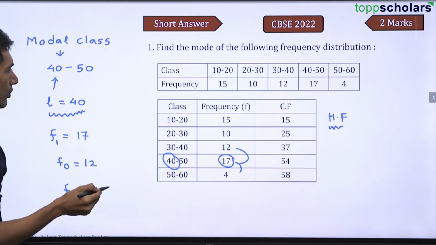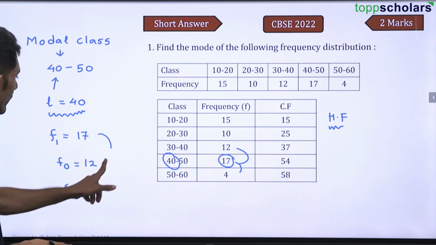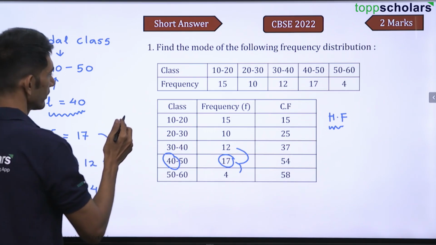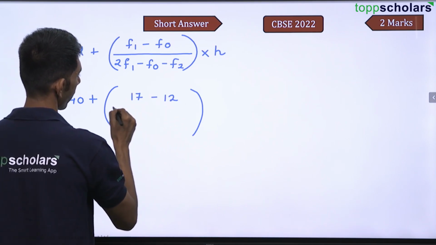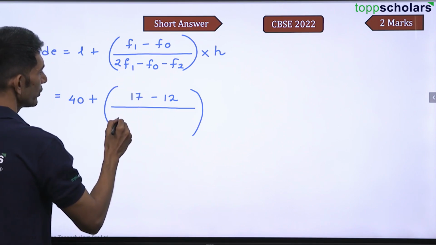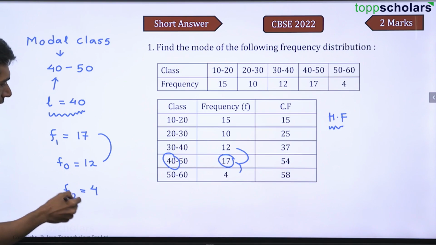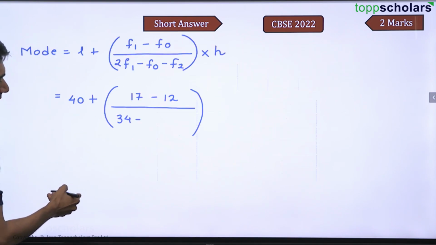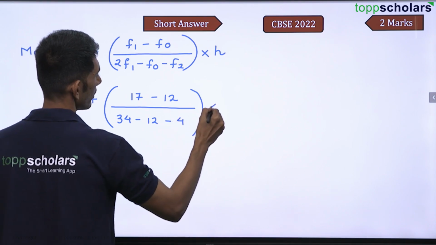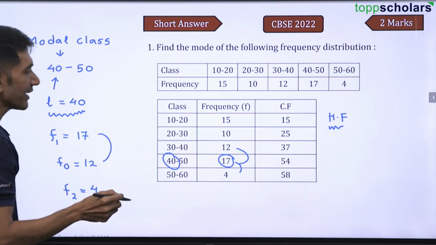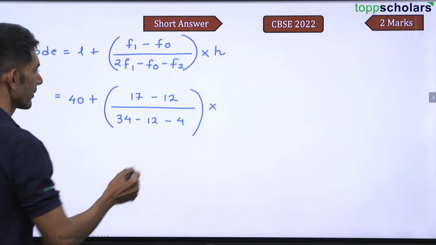F1 minus F0 is 17 minus 12. 2F1 is 2 into 17, 34, minus F0, 12, minus F2, 4, into H. H is the class size. 10 to 20, 20 to 30, so class size is 10.